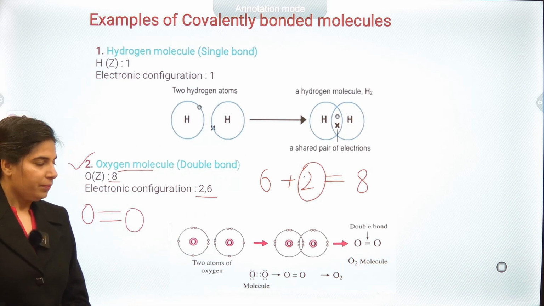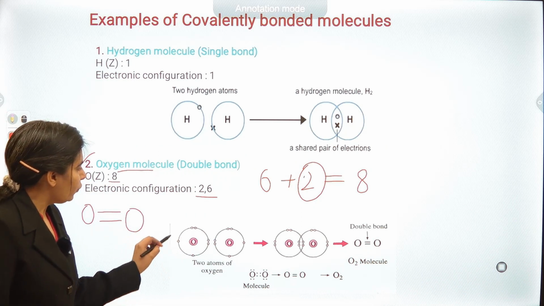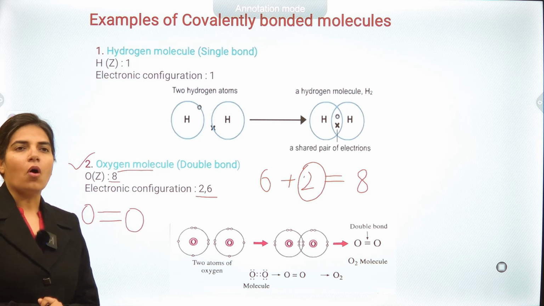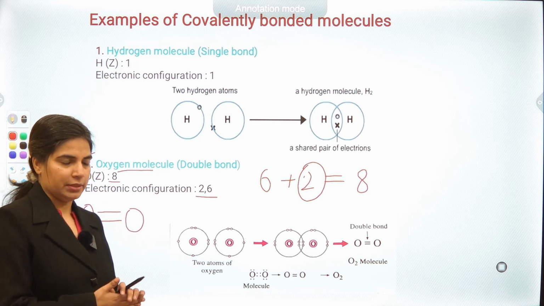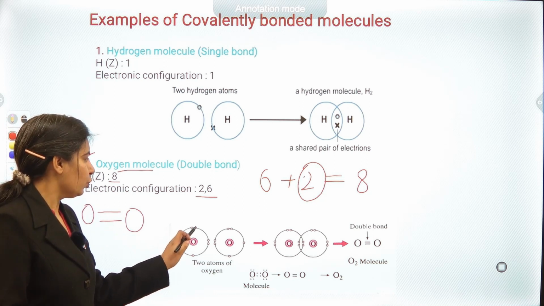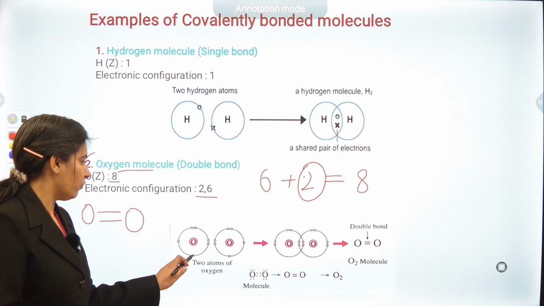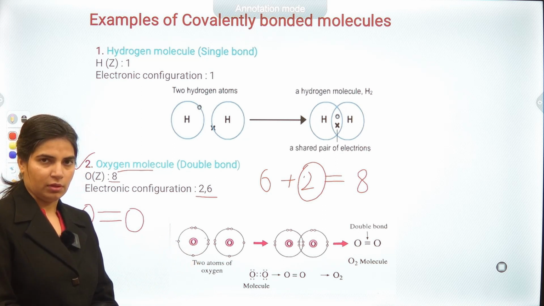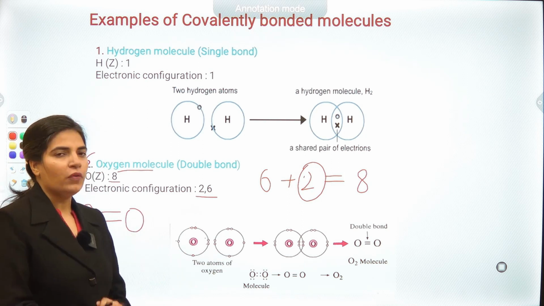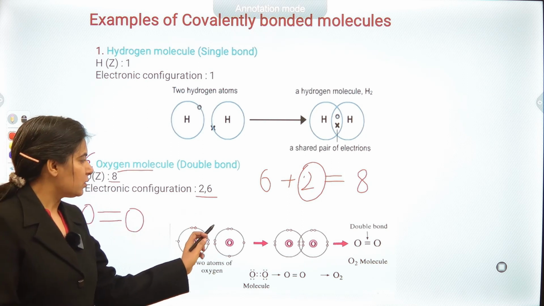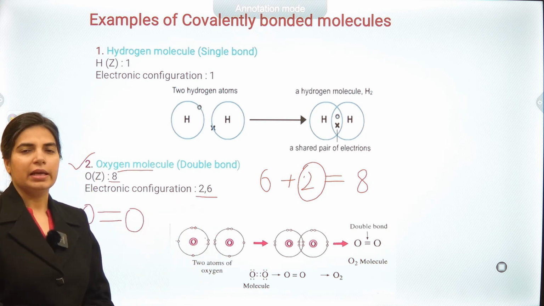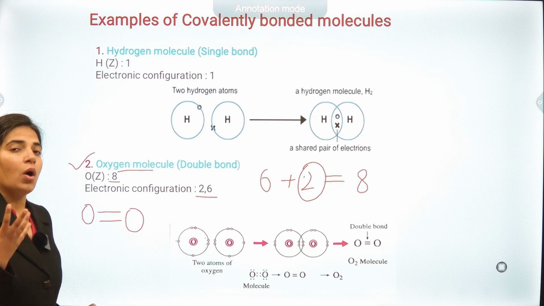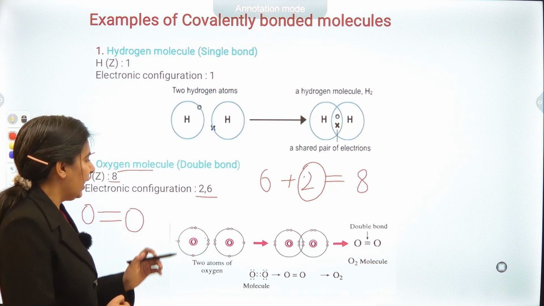Here in this diagram, the outer electrons of oxygen are represented. 1, 2, 3, 4, 5, 6. And in the case of the other oxygen atom, there are also 6 electrons. Now, what will oxygen do?